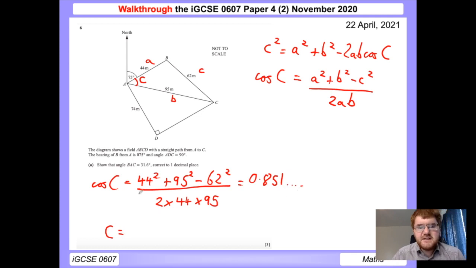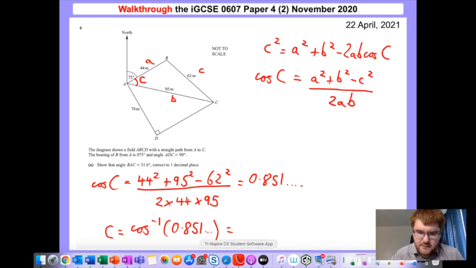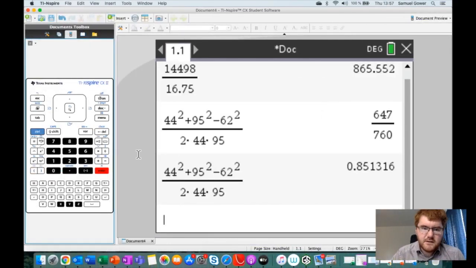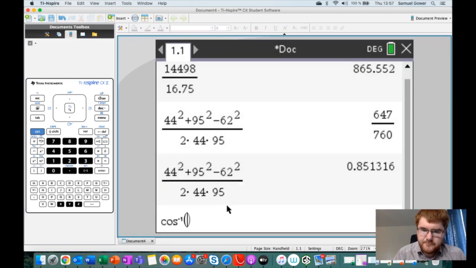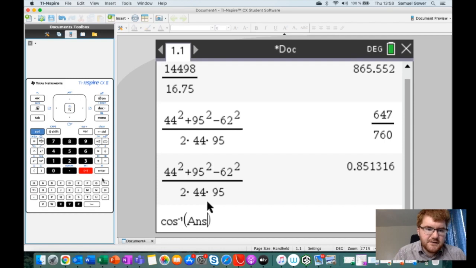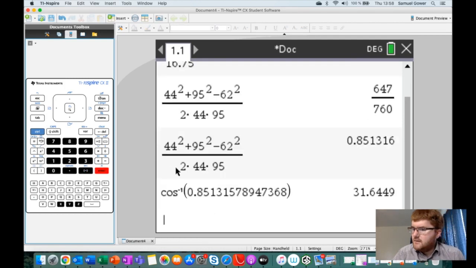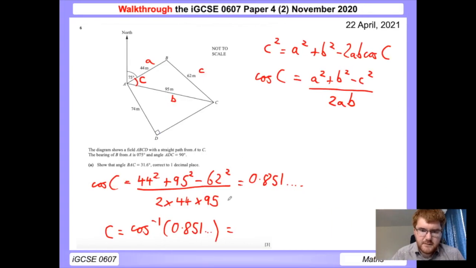And then to work out C, well, what's the opposite of cosine? Well, that's going to be the inverse of cosine. So we do this, and we go back to our calculator. We can go to trig, you'll see all the options are there, and then I can select answer here, taking the previous answer, close bracket, enter, and we get our answer of 31.644.